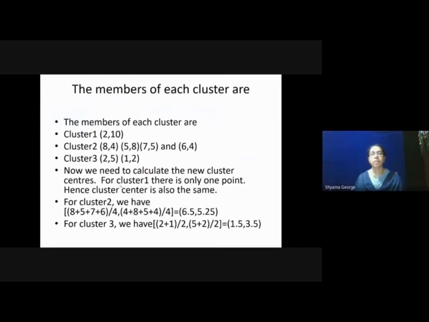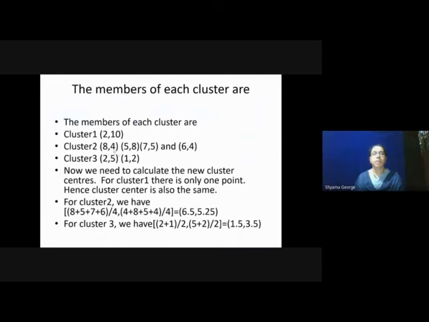For that, we have to calculate the average of each point, that means the average of all x values and the average of all y values. For the first cluster, there is only one object, so the cluster center will be the same. For cluster 2, to find the mean value, you take the sum of all x values, 8 plus 5 plus 7 plus 6 divided by 4.